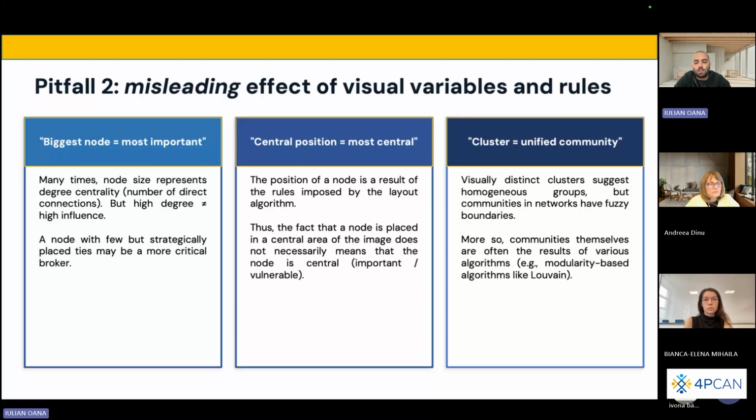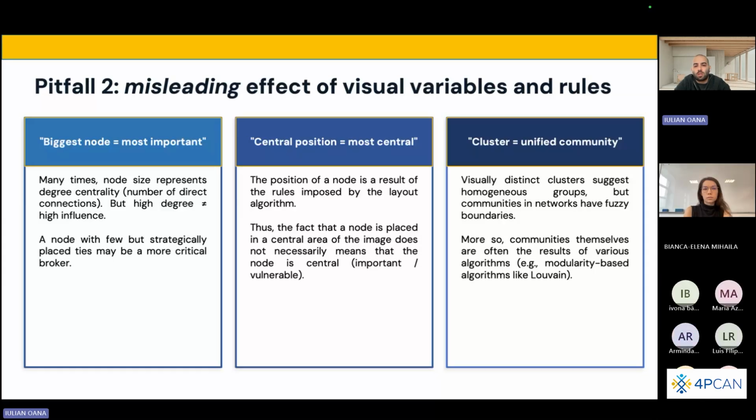But what's good to remember here, from our second meeting when we talked about network centrality, is the fact that centrality depends on what it means.